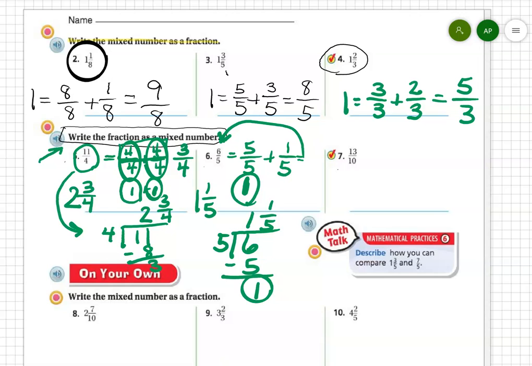And then finally, 13/10. And again, I could think of this as a division problem. I'm going to try and squeeze that down here. I can make one group of 10 from 13. Oops, I gotta put my 1 in the right place. That leaves me with 3 left over.